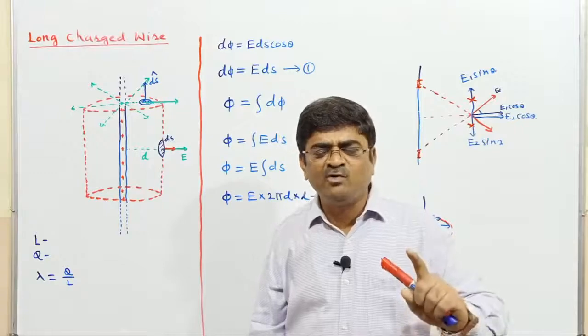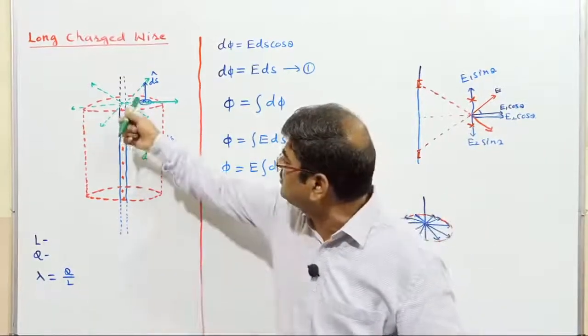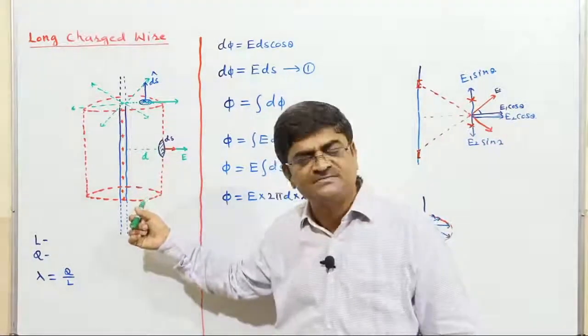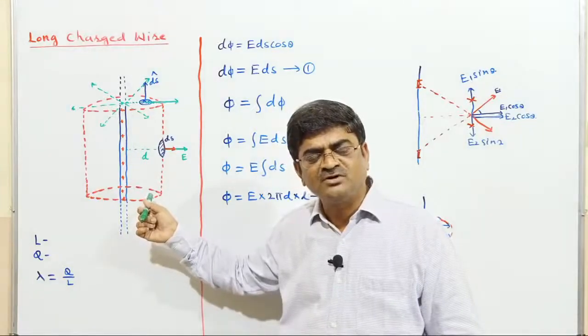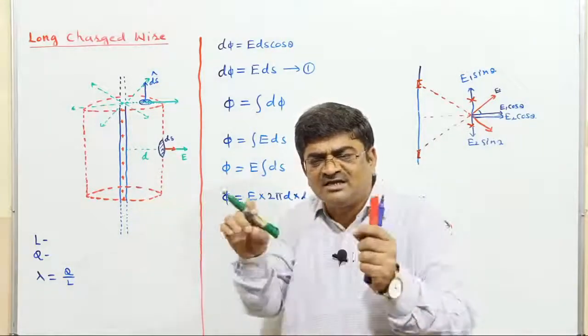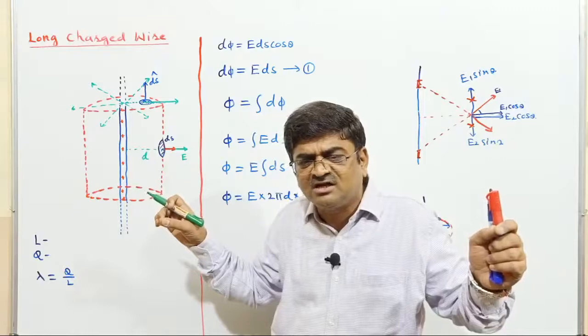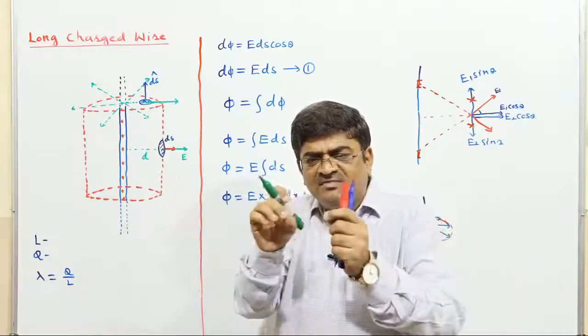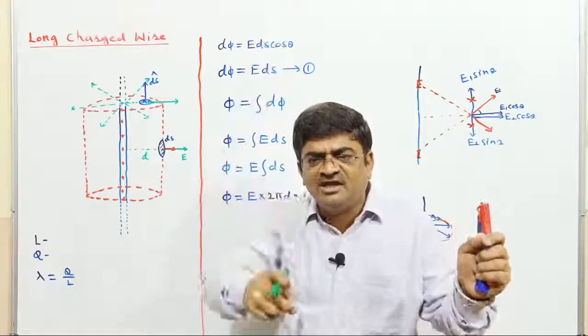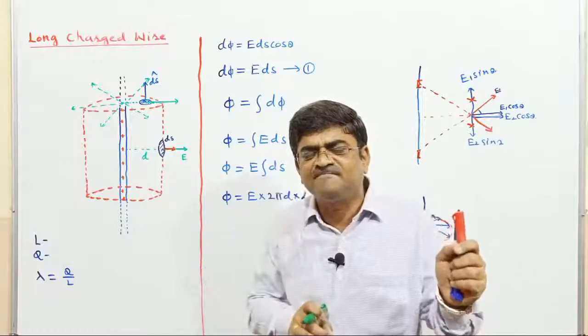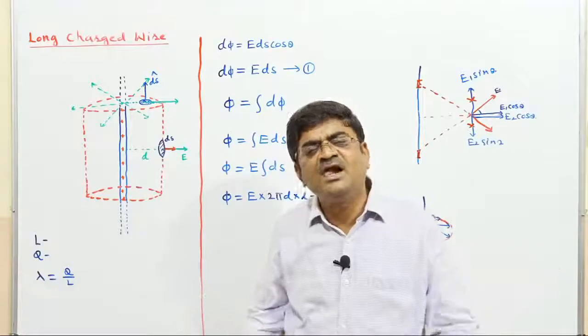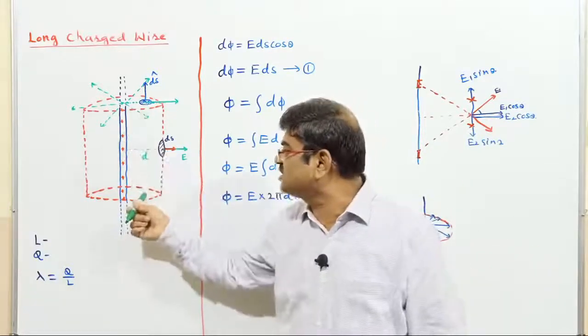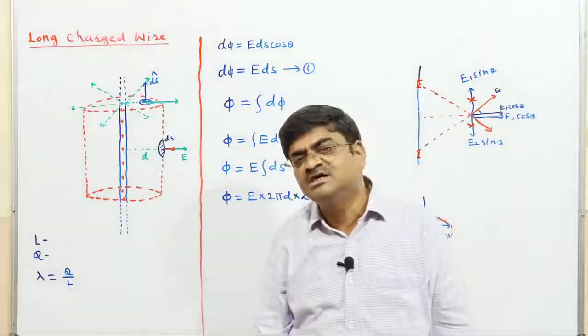Why don't I have flux through the circular section? I have brought it to your notice. Because electric force lines are grazing to the circular section. Electric intensity makes an angle of 90 degrees with the area vector of the circular section. And consequently, flux through these two circular sections of the cylinder is 0.